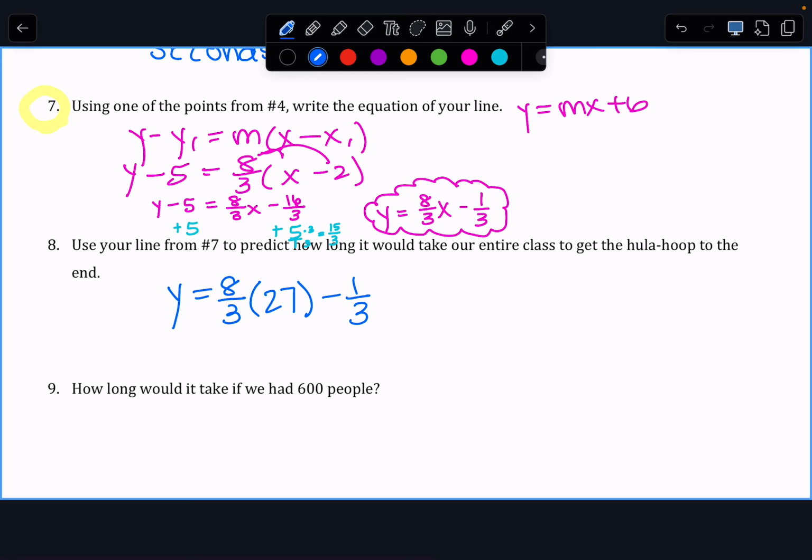If we plug 27 in for x, we can figure out how long it would take our whole class to do the hula hoop. 8 times 27 is 216.